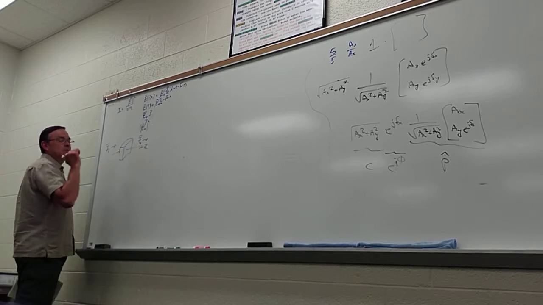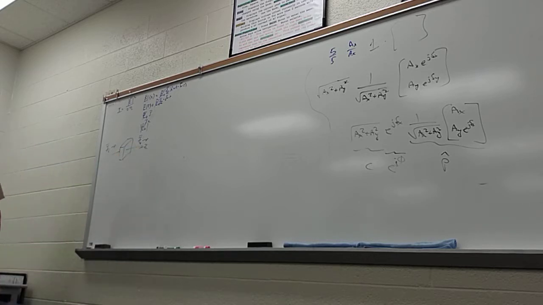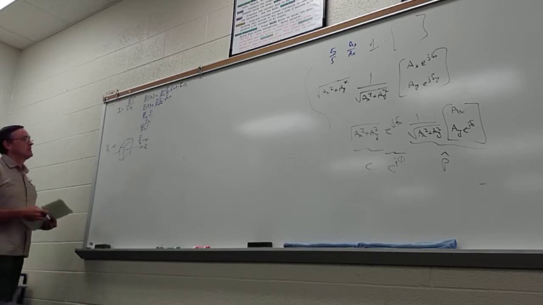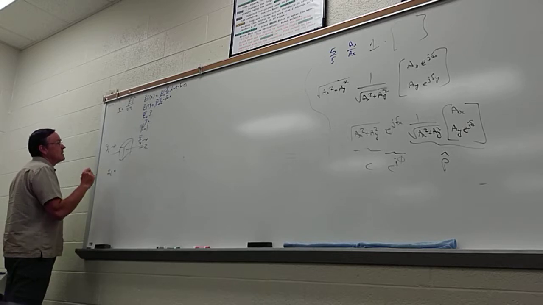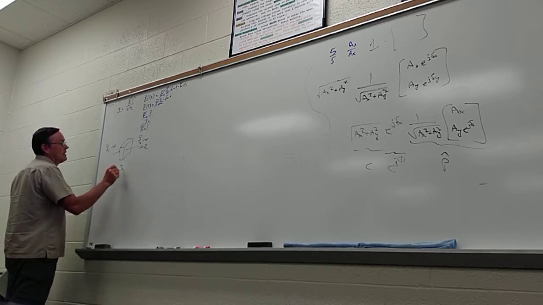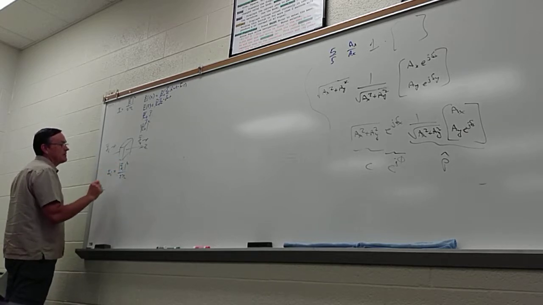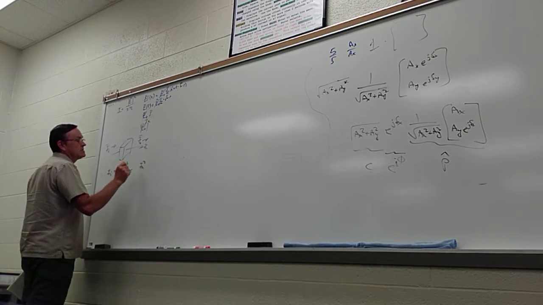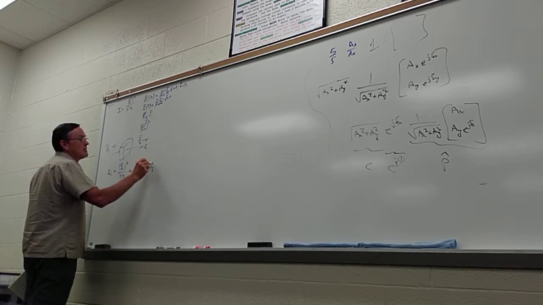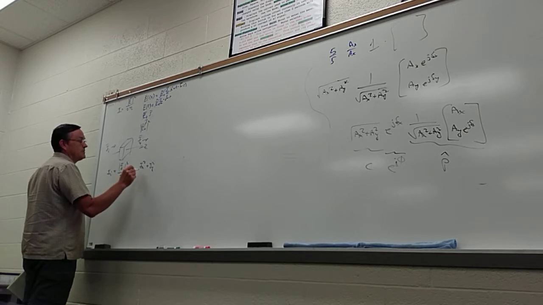So I would have then that the instant irradiance is basically Ji magnitude squared over 2 times eta. And I can write that as Jx squared plus Jy squared over 2 times eta.